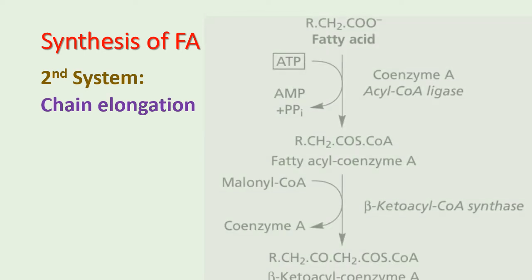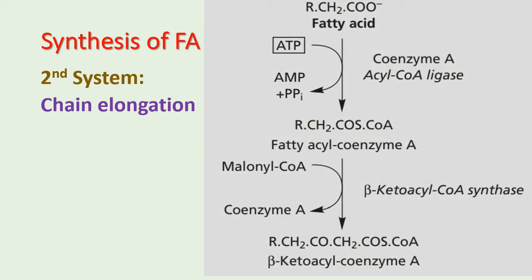We are discussing the synthesis of fatty acid through chain elongation. In the previous slide, we have seen that fatty acids are converted into long chain fatty acids through the addition of 2 carbon atoms. Just keep in mind that the incorporation of 2 carbon atoms into medium and long chain fatty acids requires ATP.